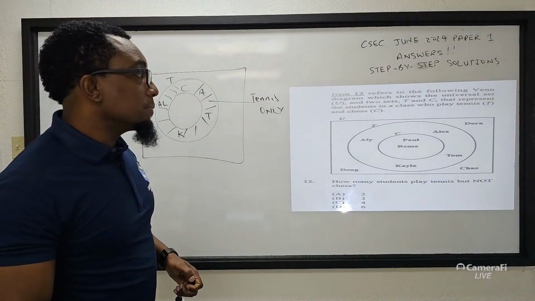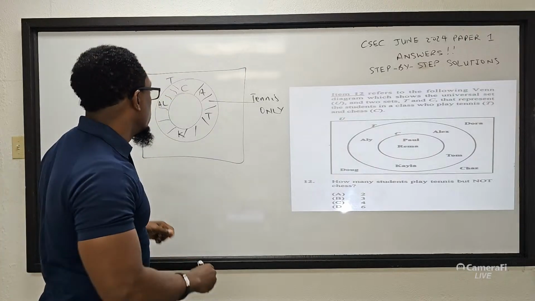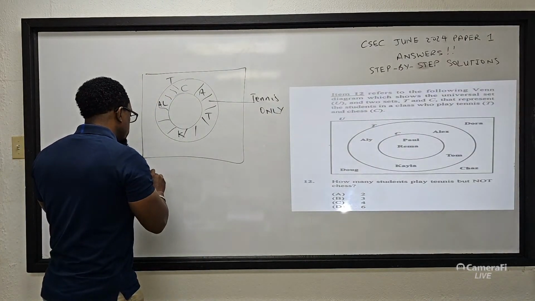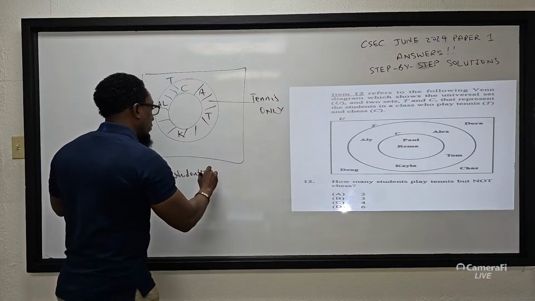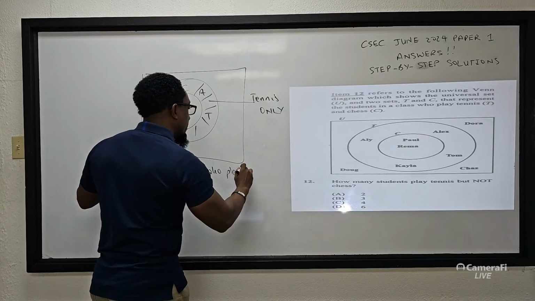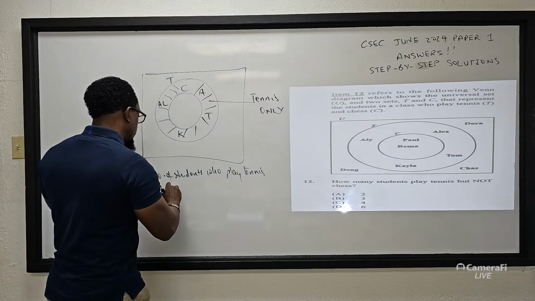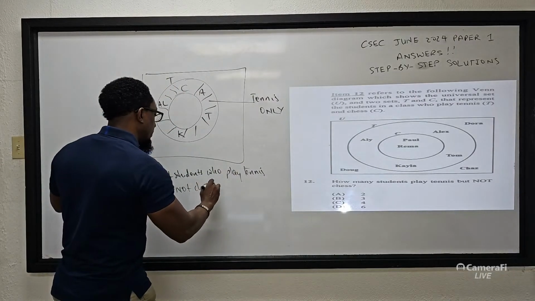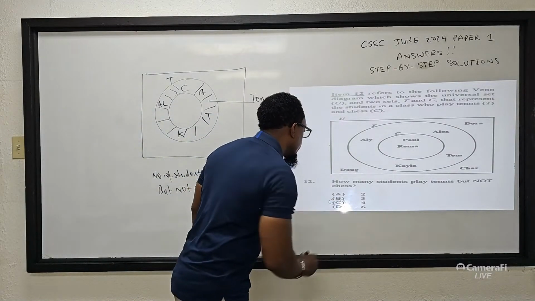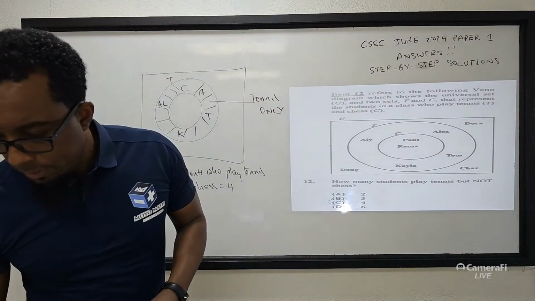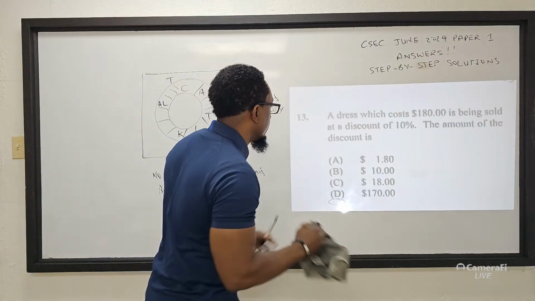So the number of students who play tennis but not chess is 4 students, whose answer is C. So question 12, C. Let's move on to question 13.